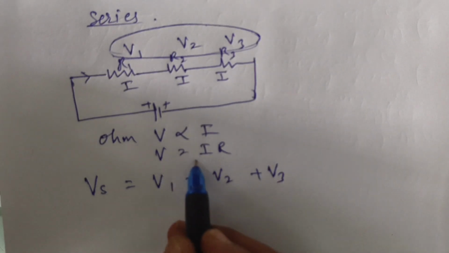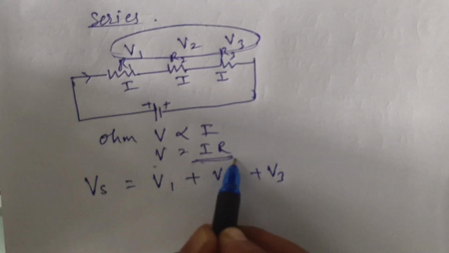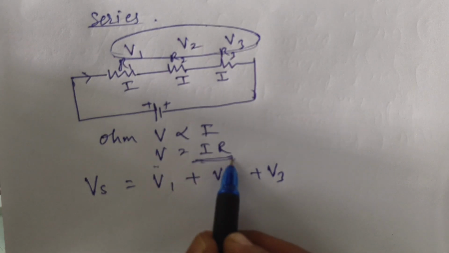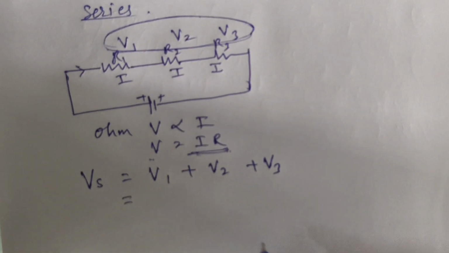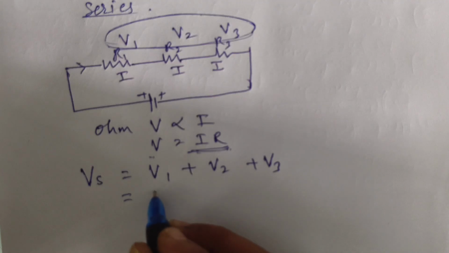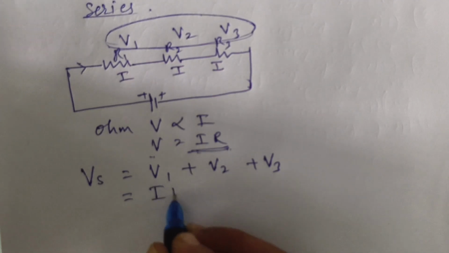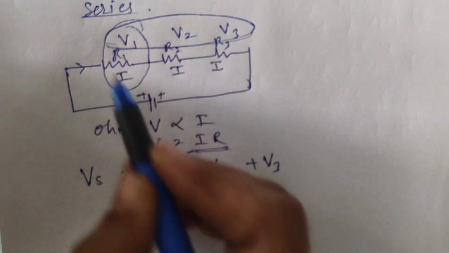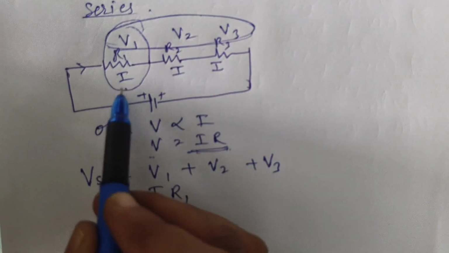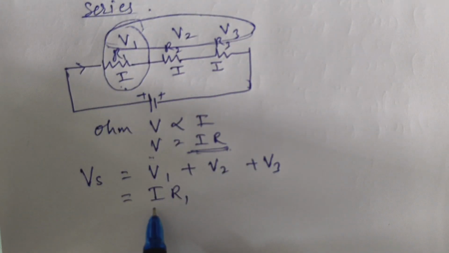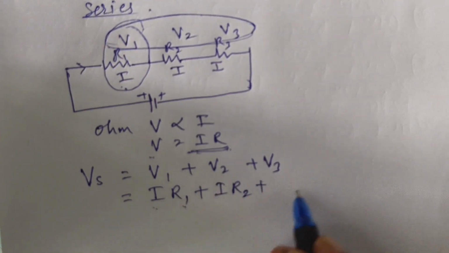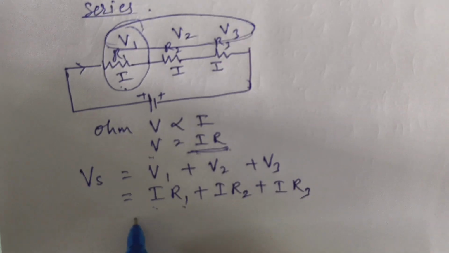As V is IR, we can replace V1 with IR1. So V1 is IR1, V2 is IR2 and V3 is IR3.